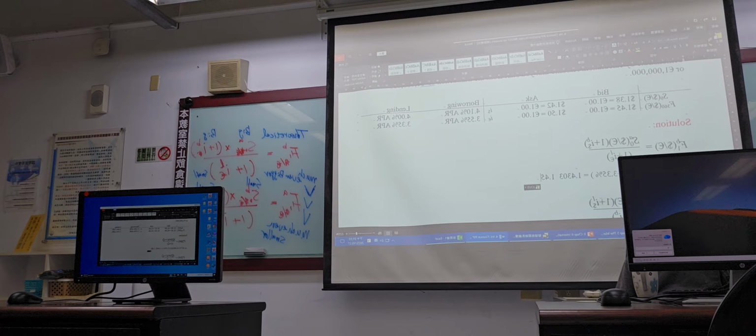The theoretical bid is only 1.4303. But the market bid is 1.45. What does that mean?